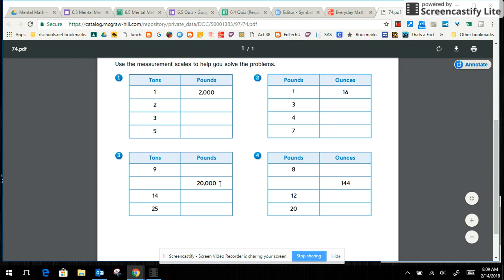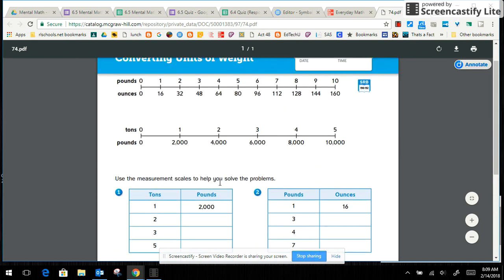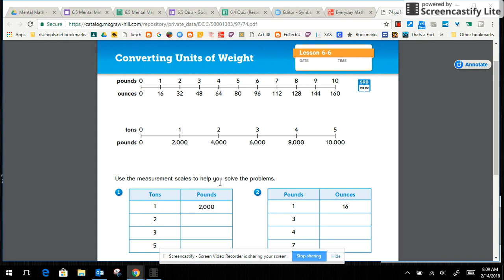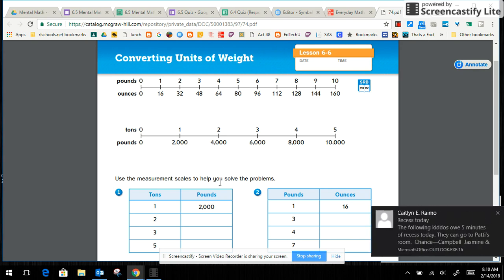So go ahead and complete this as you're answering a couple of my questions. I lost my question. If a small truck weighs about 2 tons, how many pounds would that be?